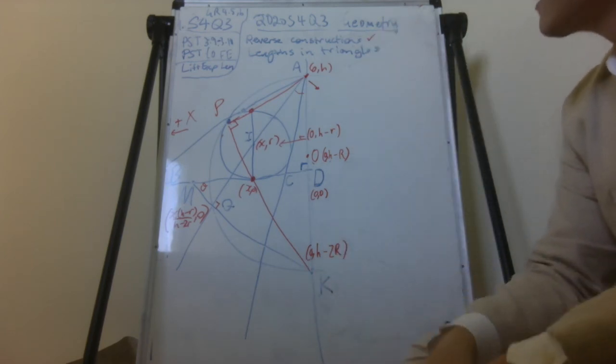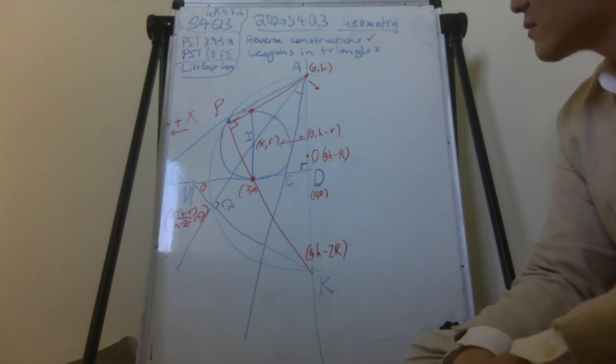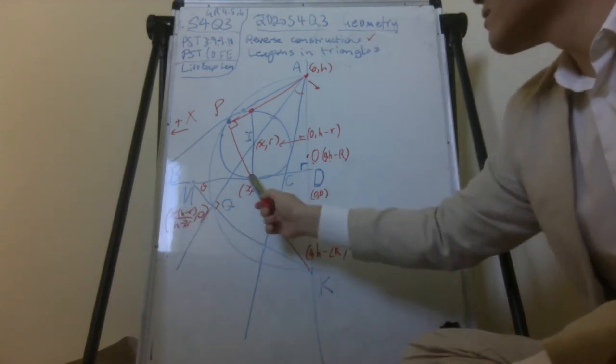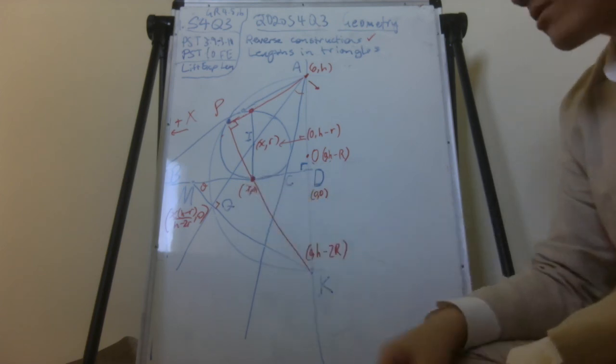Okay, so this is the point. This is the different distance between the point of contact and there. So there's a triangle that's involved.